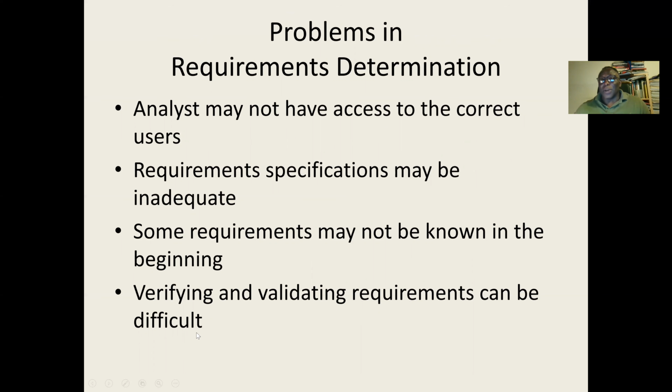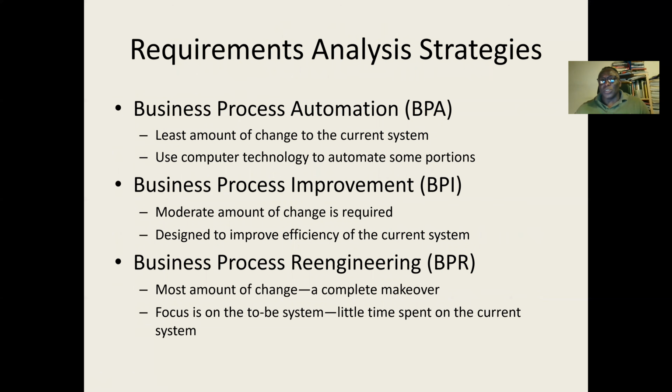Most likely, the system analyst may not have access to all the users or the sponsors or the correct data, or requirement specification may be inadequate. It's not enough. And some requirements may not be known in the beginning. This is the concept of scope creep. Also, verifying and validating requirements can be very difficult.